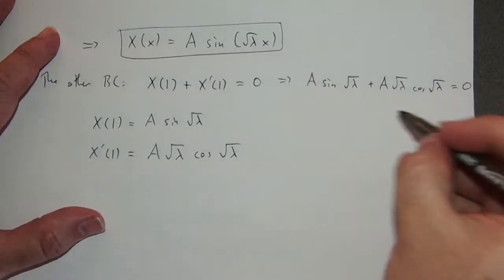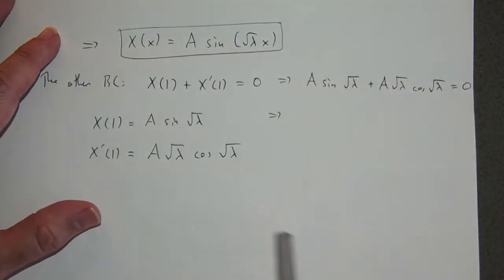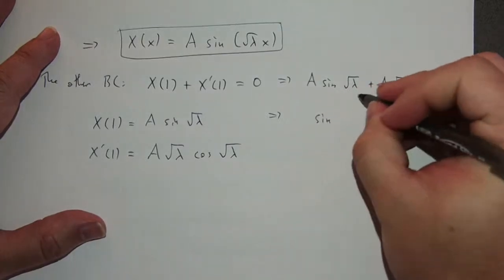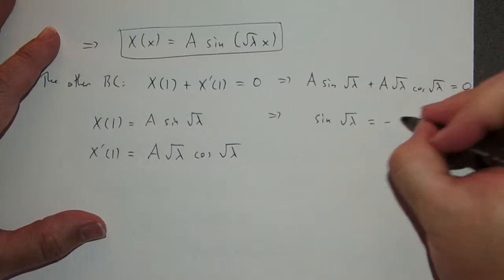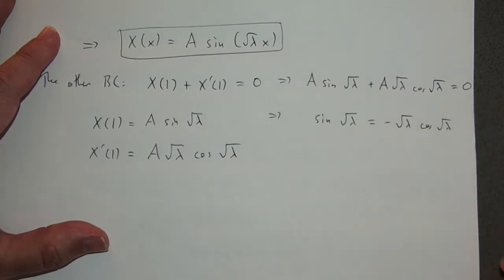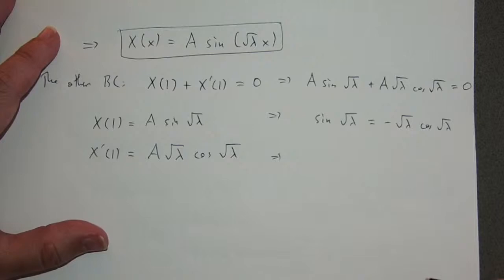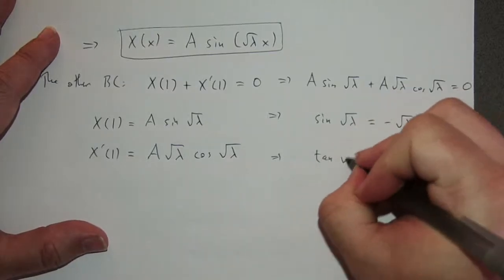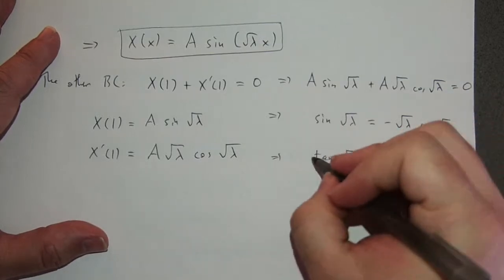So I can divide both sides by a, and I can move one of these over. So this would tell me that sine of square root lambda is equal to minus square root lambda times cosine of square root lambda, or that dividing through by cosine of square root of lambda, I would get tangent of square root of lambda is equal to minus square root lambda.